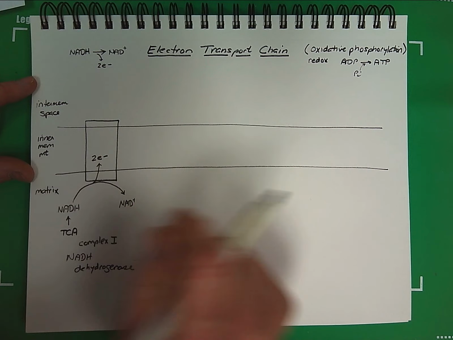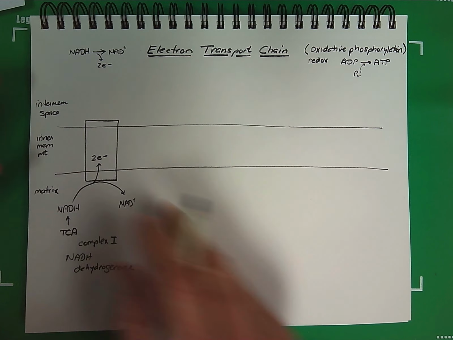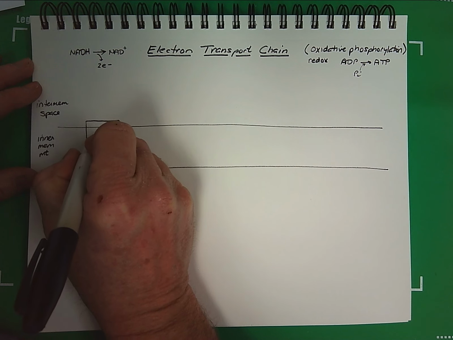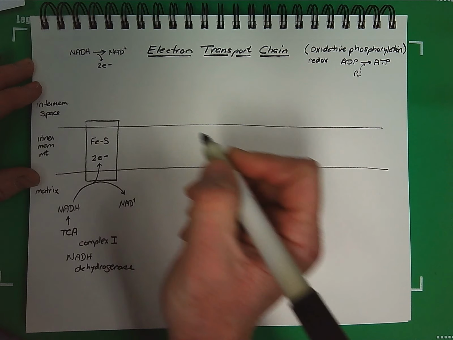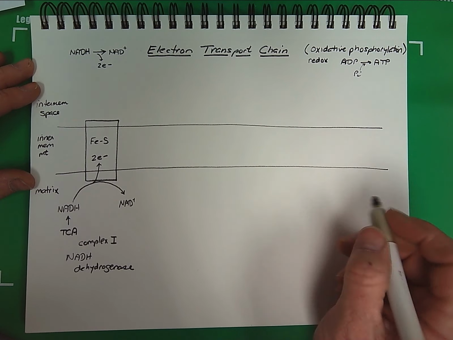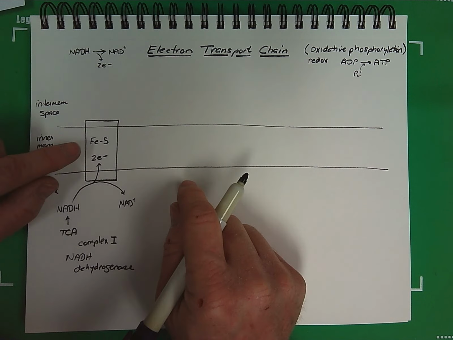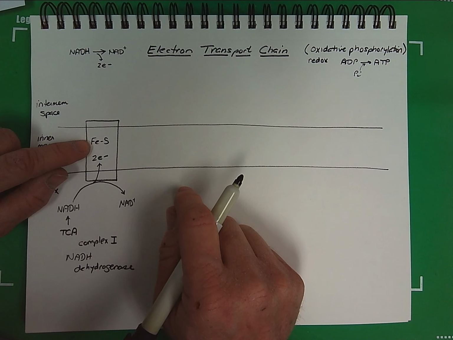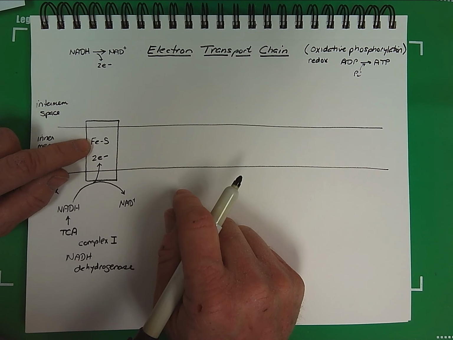Now, these electrons have to be held somewhere, and so the complex is going to have what are called iron-sulfur centers. These iron-sulfur centers are essentially a latticework of alternating atoms of iron and sulfur, and the iron will be holding the electrons.